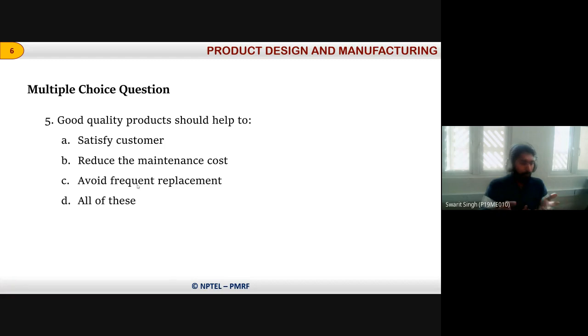It may be a mobile phone, a simple pen, a television, a t-shirt, jeans, or any product that you are purchasing. If it is satisfying our need, then we categorize that product as a good quality product. So satisfaction of the customer is primarily important.